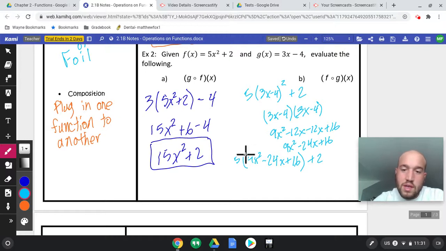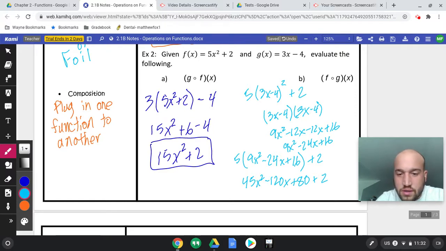A couple more steps. Now let's distribute that 5 in. Okay, so 5 times 9x squared gives us 45x squared. 5 times negative 24 is going to give us negative 120x. 5 times 16 gives us plus 80. And then don't forget plus 2 at the very end.